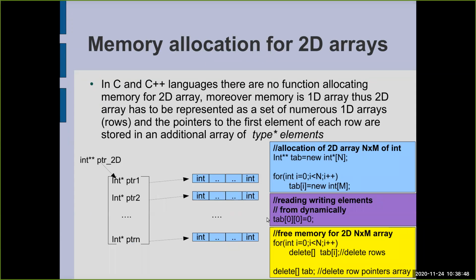So look, if we want to allocate memory for a two-dimensional array, let's say that I'd like to represent a matrix or vectors.